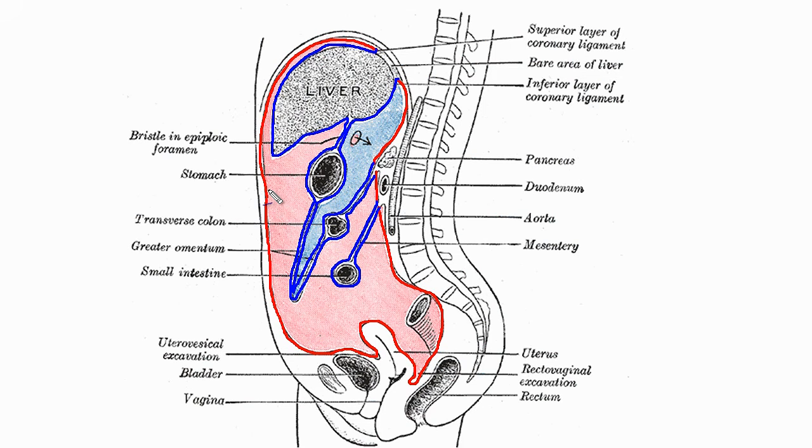So now we've got the red parietal peritoneum and we've got the blue visceral peritoneum. So it's one continuous layer, but where it surrounds the organs it's called the visceral peritoneum.